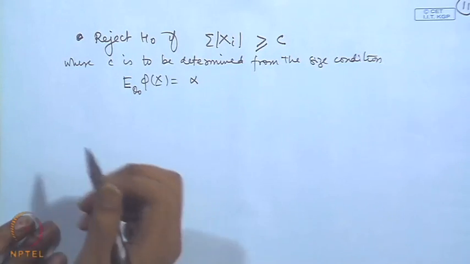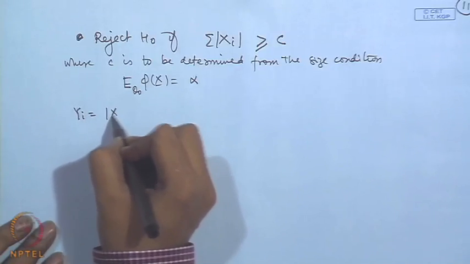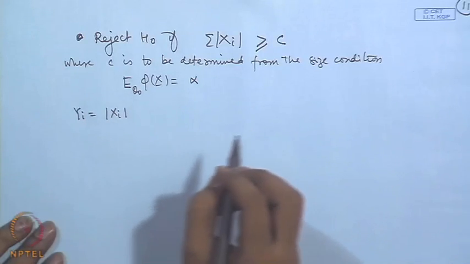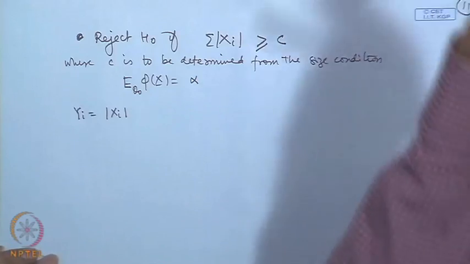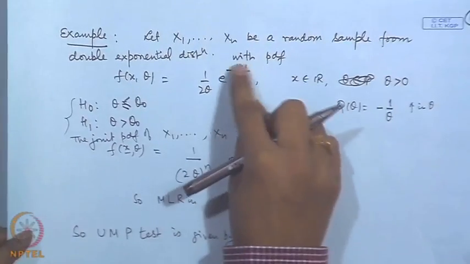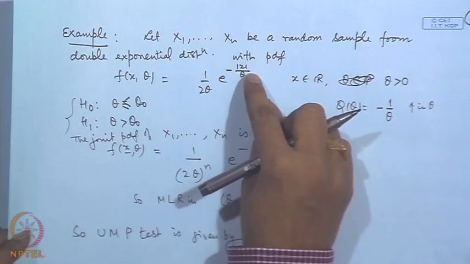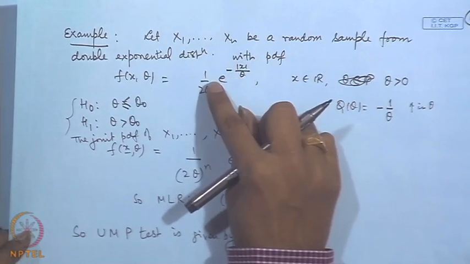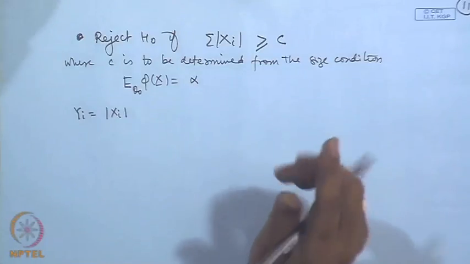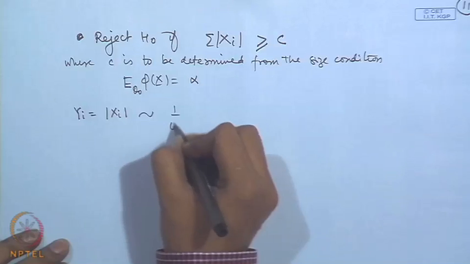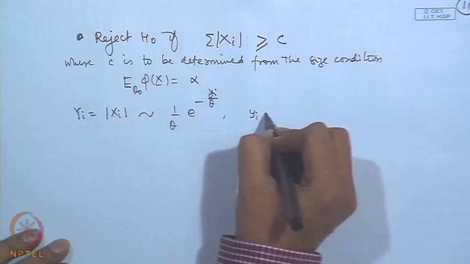Now, let us consider, say, y i is equal to modulus of x i. If x i is having a double exponential distribution, then modulus of x i will have a simple exponential distribution, that is 1 by theta e to the power minus y i by theta.